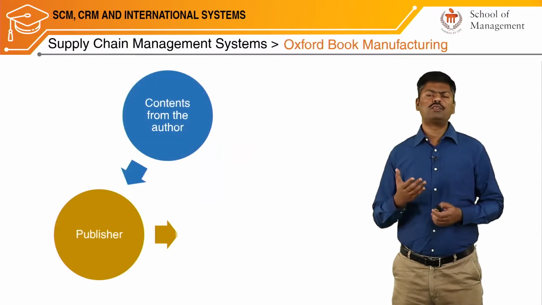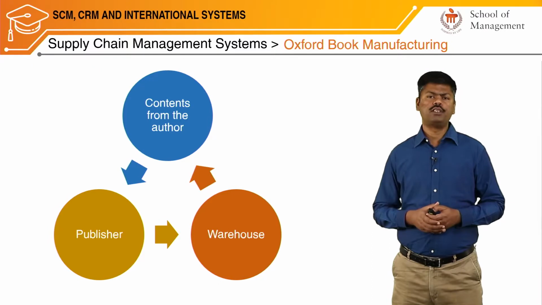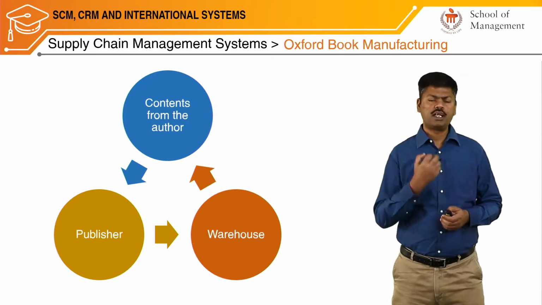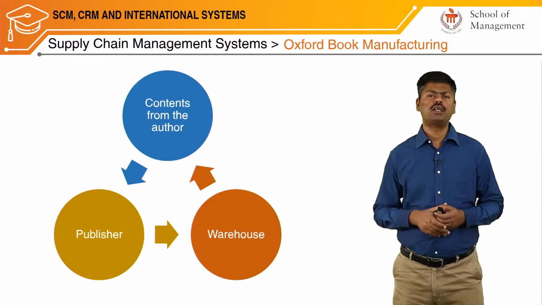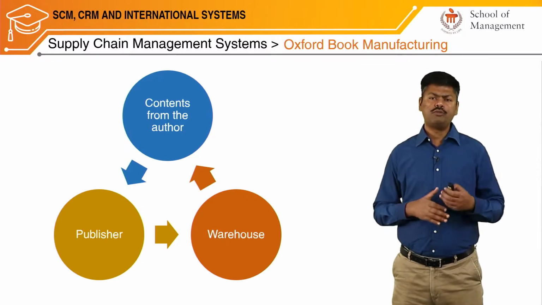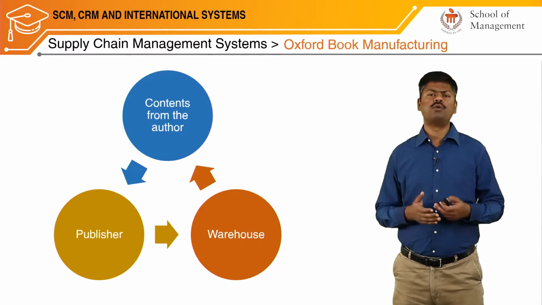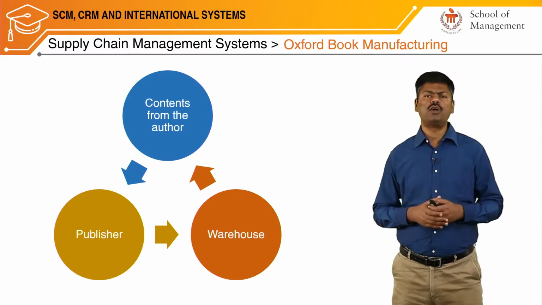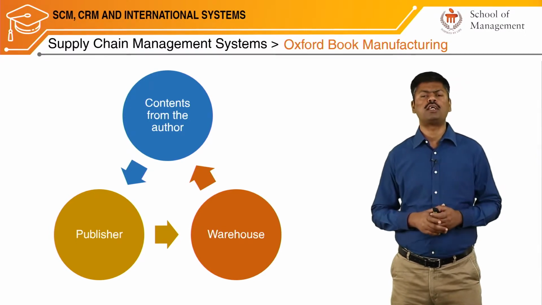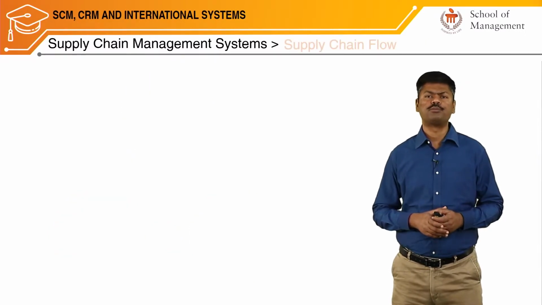For example, if we talk about Oxford Book Manufacturing, what it does is it attracts the publisher, collects materials from the author and then sends it across to the warehouse after it is produced as a book, and the warehouse communicates to the author. And the complete trail of information is captured into their supply chain management system.